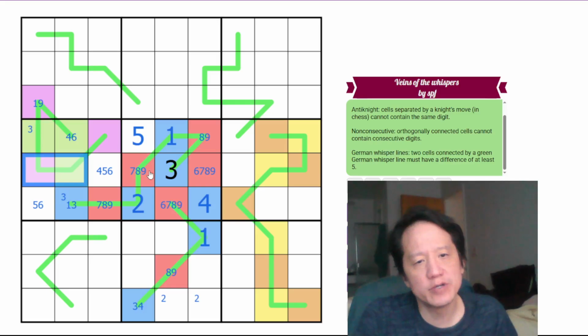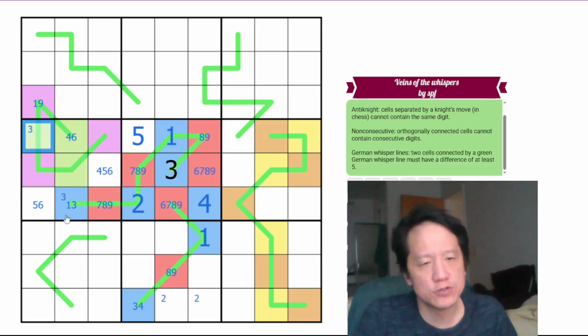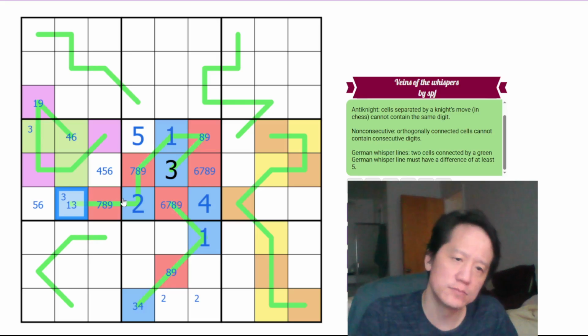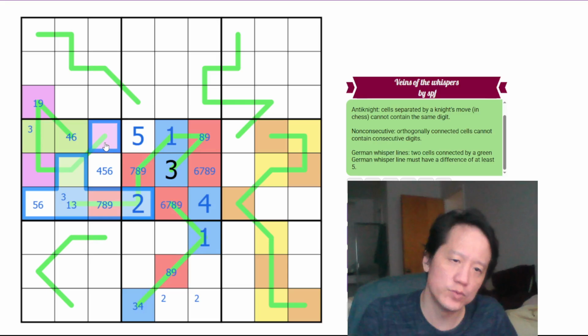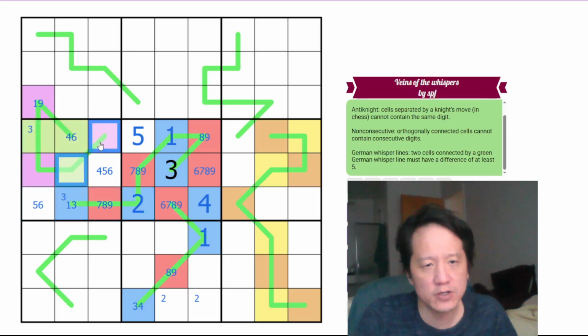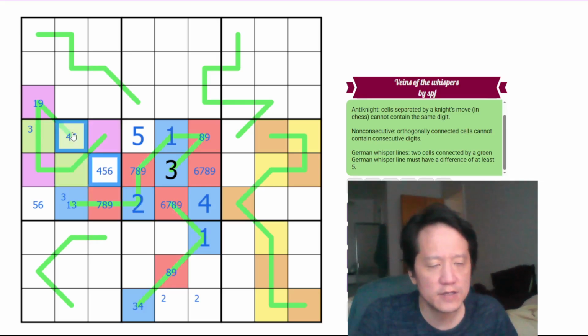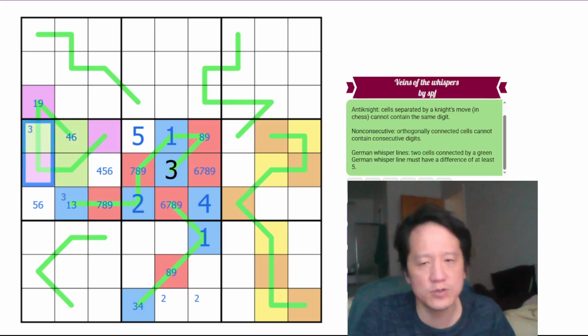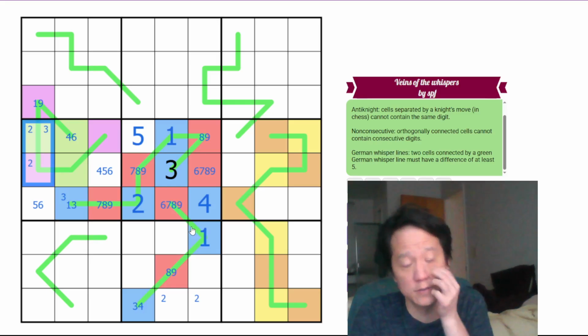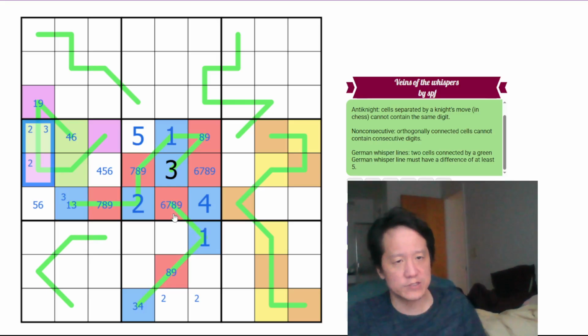Can't be here because of this 3, so it's one of those 2. Where is 2 in this left central box? Cannot be here because of anti-knights. These cannot be because they have to be 1 out of 4, 5, or 6. Cannot be here, so 2 has to be one of these 2 cells. Interesting.